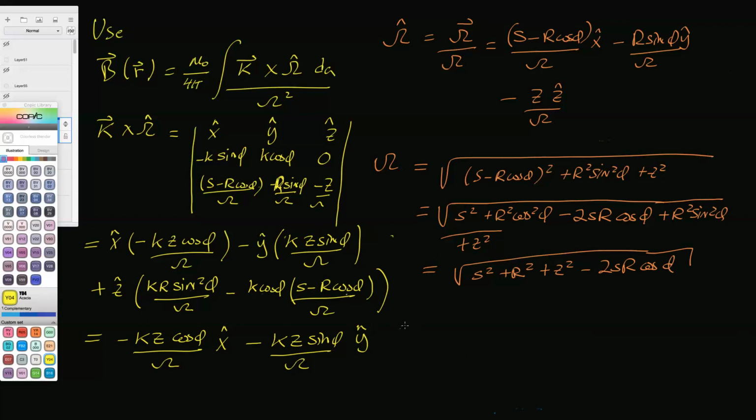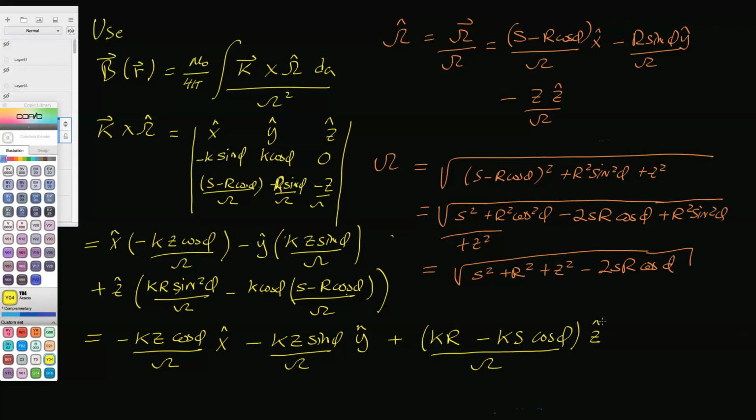So I'm just going to get K R for these two terms here, yes? And then I'm going to get minus K S cosine of phi, yes? All over omega in the z hat direction. Yeah? You good with that?